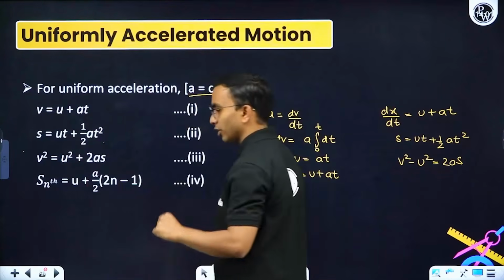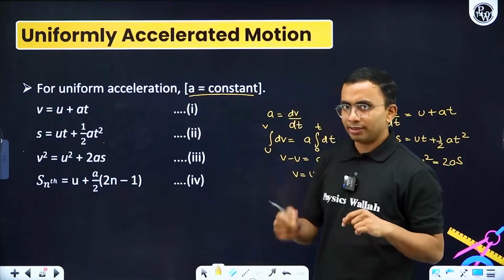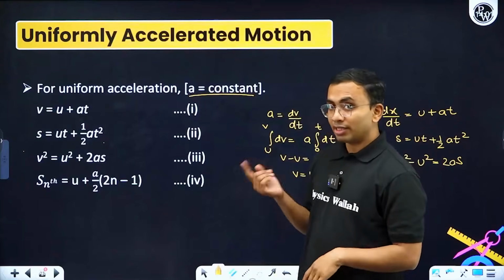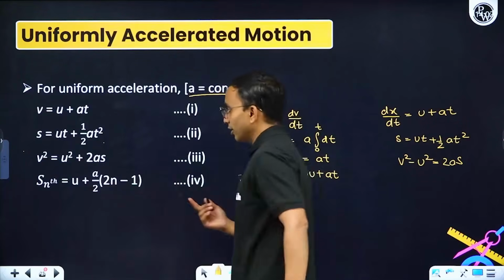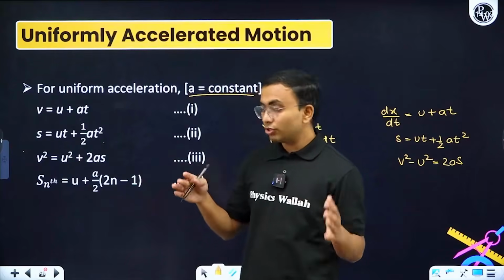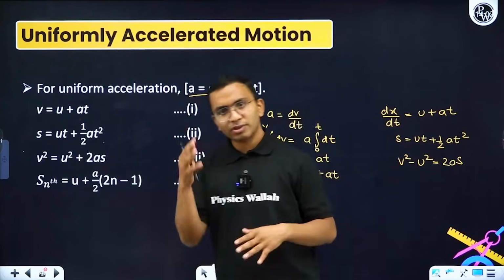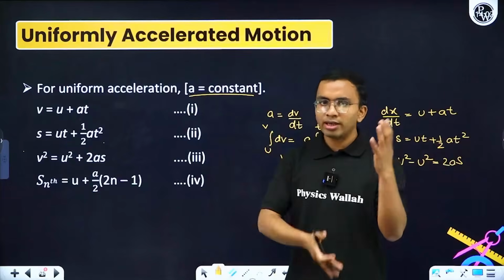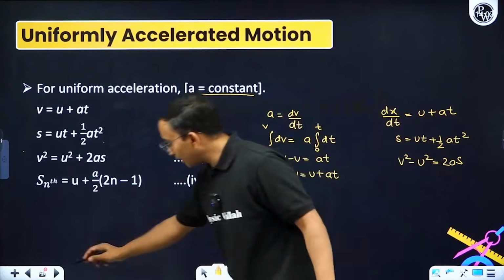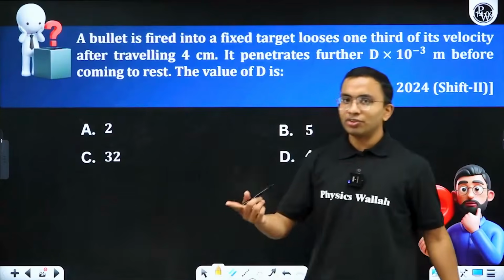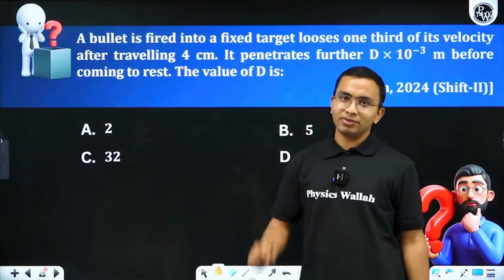You can use this expression. Or you have to find displacement, and time, acceleration and initial velocity are given. You can use this. Or if final velocity is given and you need to find displacement, you can use the third. If another combination is there, you can use these equations to simplify it. So see what is given, what you need to find, and accordingly use the proper equation.